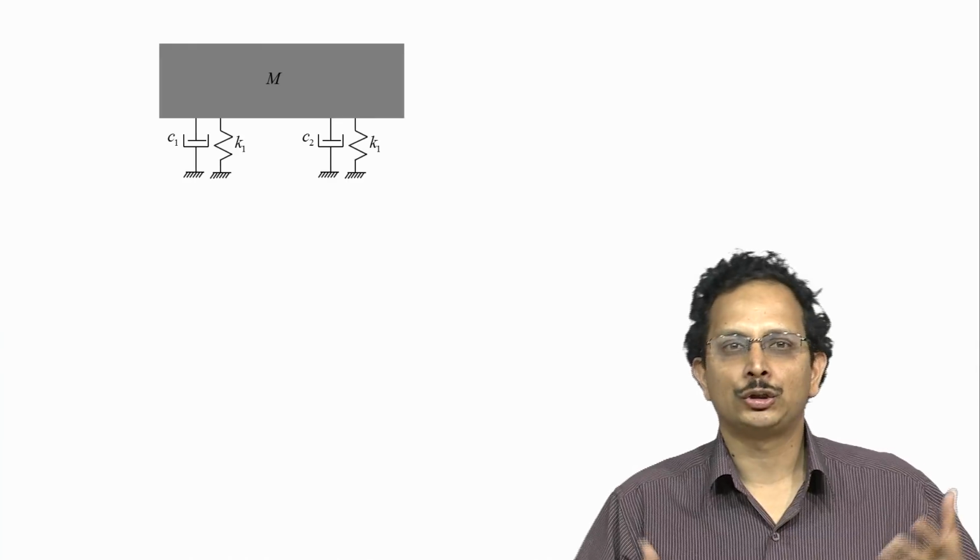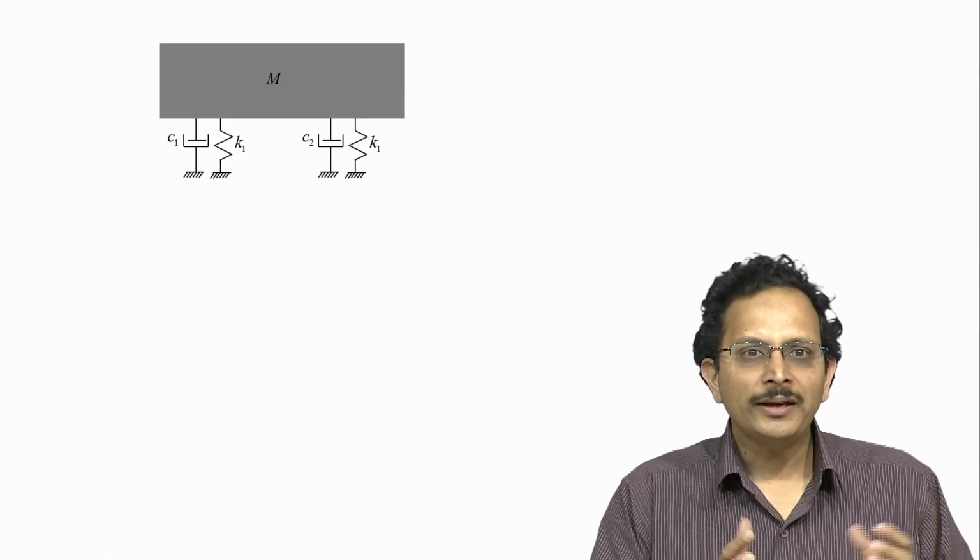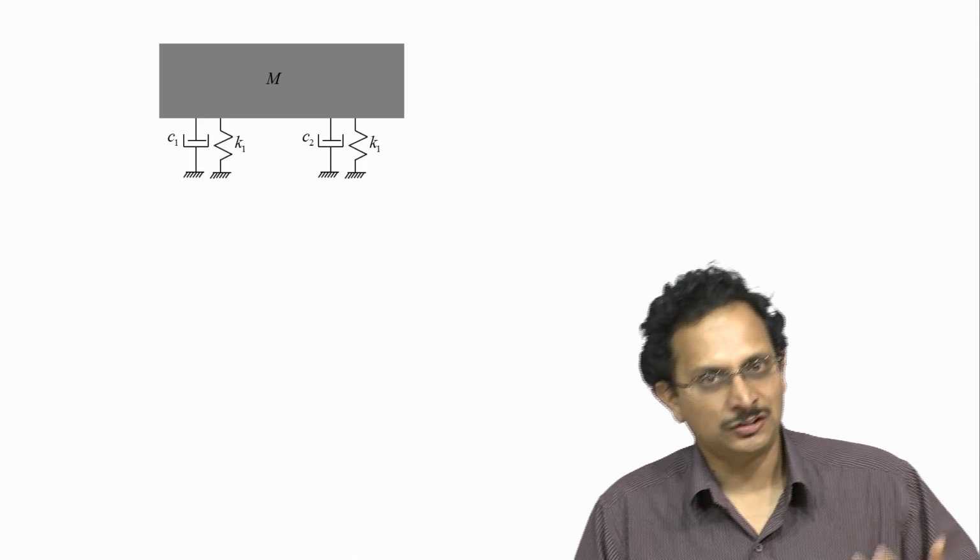In this particular case, the damping coefficient and the spring constant are determined by the shock absorbers and the tires and so on, and the value of the mass m is determined by the overall weight of the car.